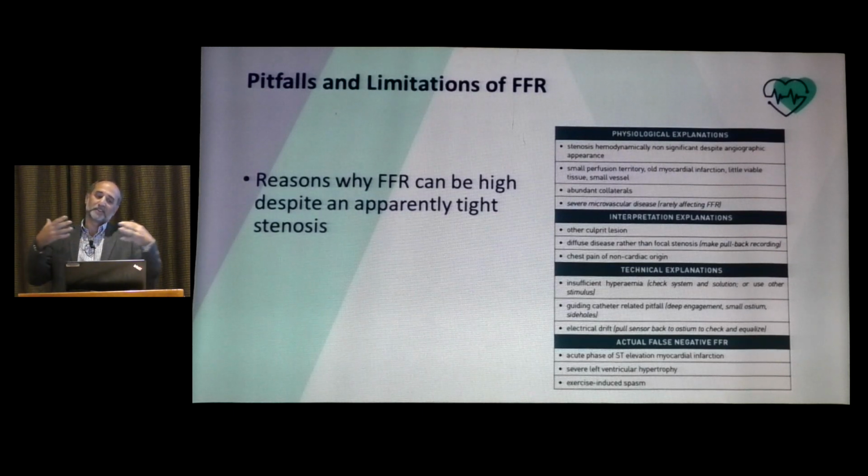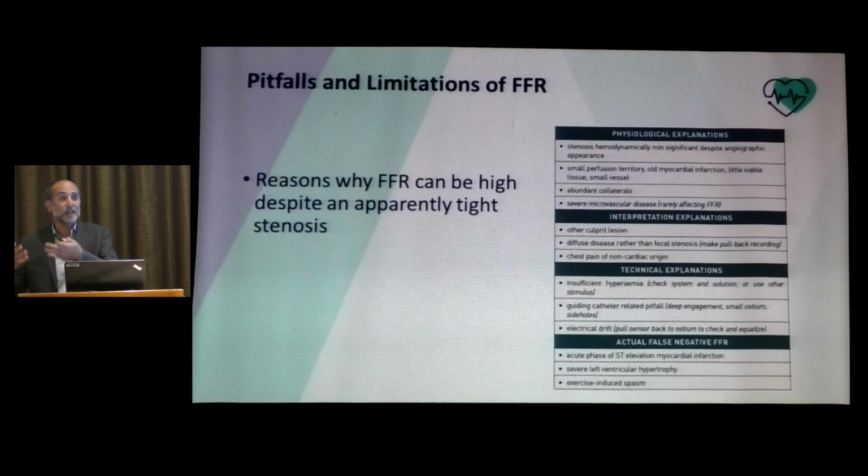You're assuming that the FFR is going to be low and this patient will need a stent, and then all of a sudden you get an FFR of 0.9. And then you say, it doesn't make sense. I mean, this lesion looks very severe and the patient is symptomatic and there is no other lesion, and I'm sure this is angina. There are situations where you can get falsely high FFR.